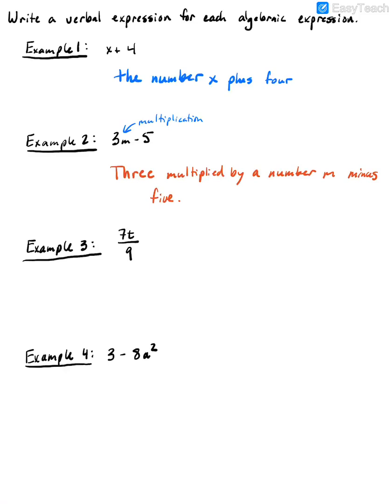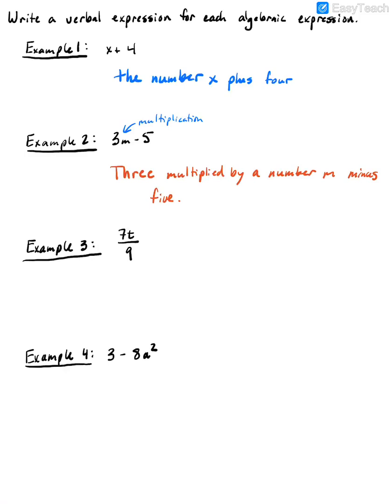Okay, you could have said the product of 3 and a number m minus 5. You could have said 3 times a number m, or you could have said, I guess, 5 taken away from or subtracted from 3 times a number m. Like, there's different ways. Remember that with minus signs, you'll have to switch the order based on what you're using. So like less than, subtracted from, take it away from, those kind of things need to switch order in your sentences for it to make sense mathematically.